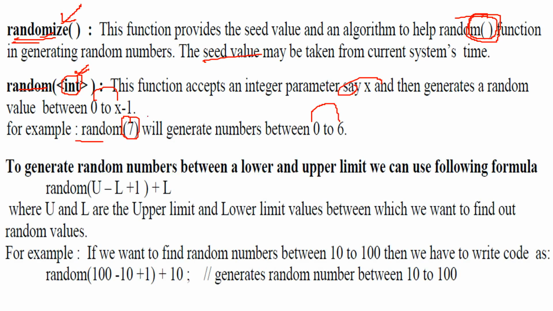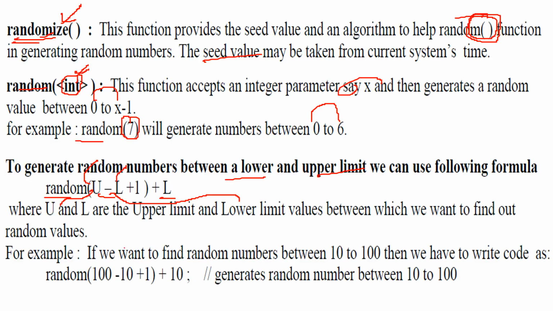And in order to generate the random number between say lower and upper limit, you can use the formula random(u minus l plus 1) plus l. This u is the upper limit, l is the lower limit values, in between which we need to find out the random values.